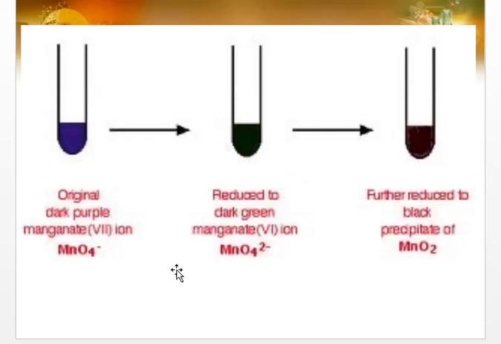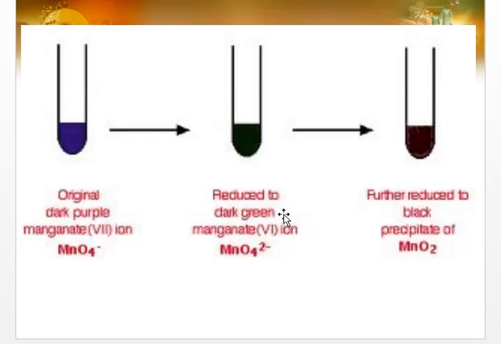And if we make some experiment with manganese compounds in different oxidation degrees, with an ion where manganese has oxidation state plus 7, this is the original dark purple permanganate.